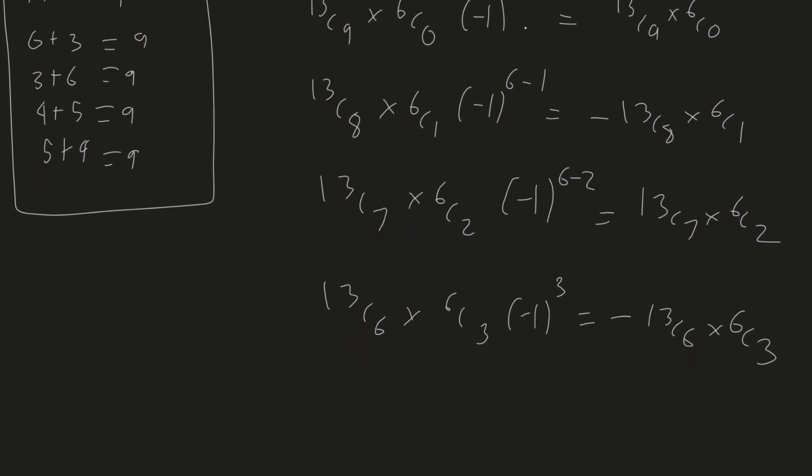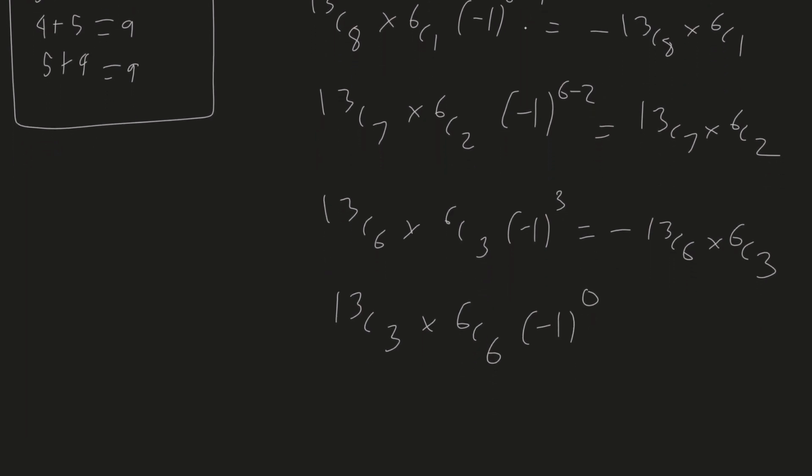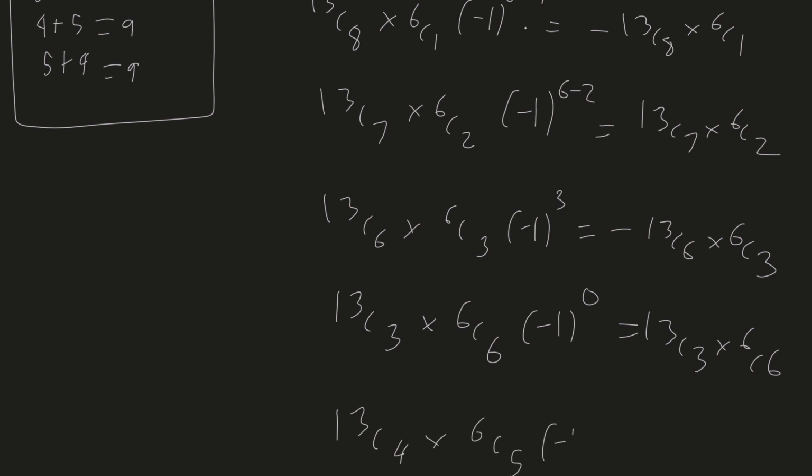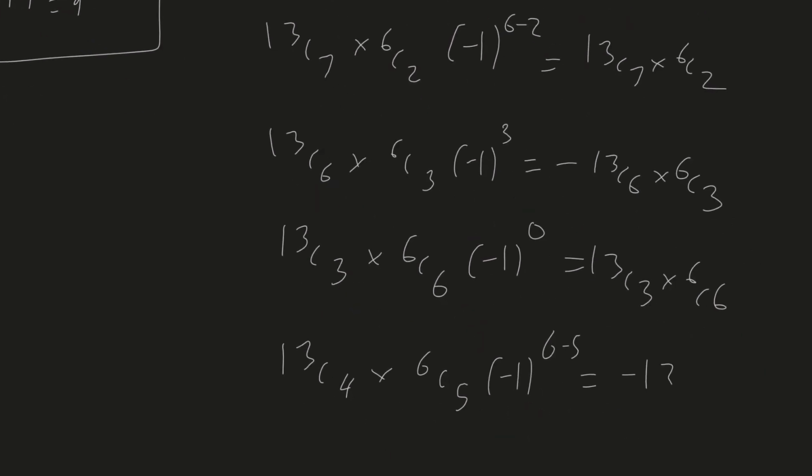Next one is 13 choose 3 times 6 choose 6 times minus 1 to the 0, which is just 1. So we get 13 choose 3 times 6 choose 6. And for the second last one, it's going to be 13 choose 4 times 6 choose 5 and then minus 1 to the 6 minus 5, which is equal to minus 13 choose 4 times 6 choose 5.